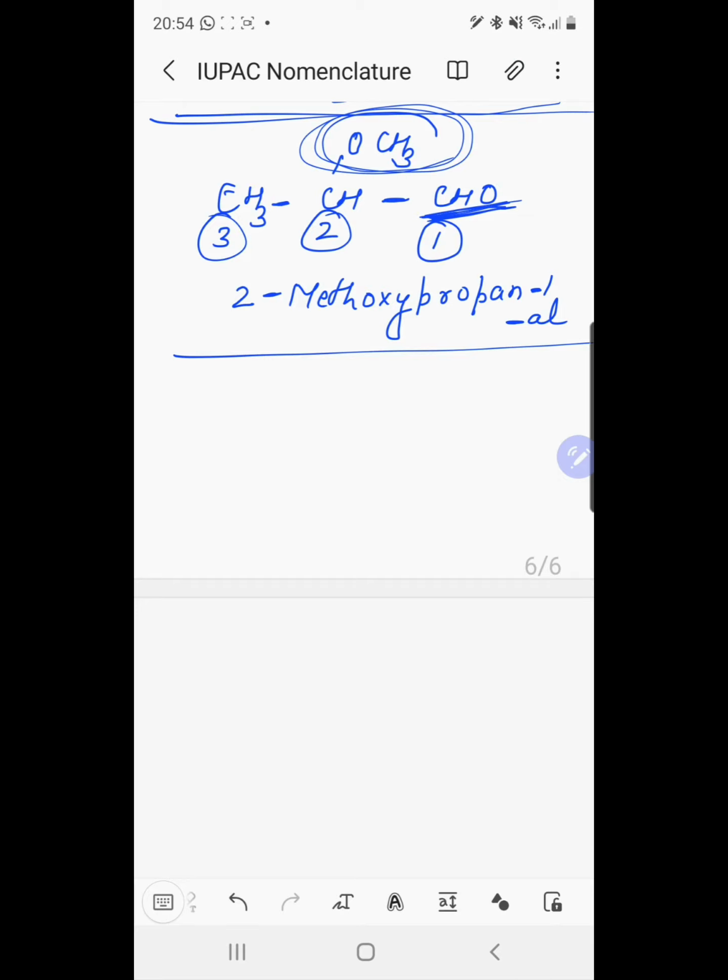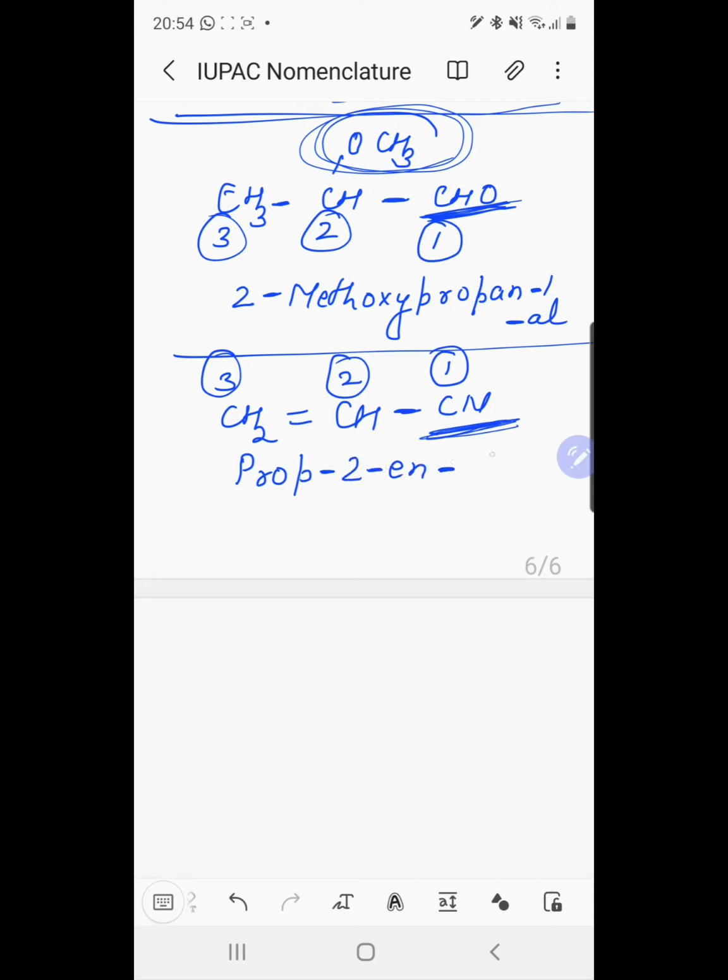One more example, CH2 double bond CHCN. So this is a chain terminating group, which gets the first number, then 2, 3. So prop-2-en-1-nitrile, this is called a nitrile.